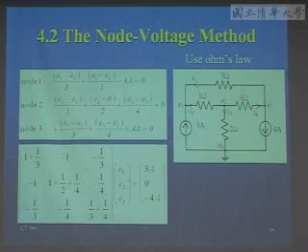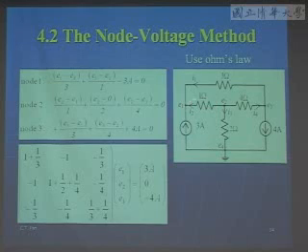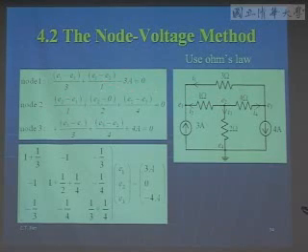And similarly for minus I2, this current flows from node 1 to node 2. So you have E1 minus E2 divided by 1 ohm. This, okay, we can consider the node 1 here. Yeah. E1 minus E2 divided by 1 ohm.